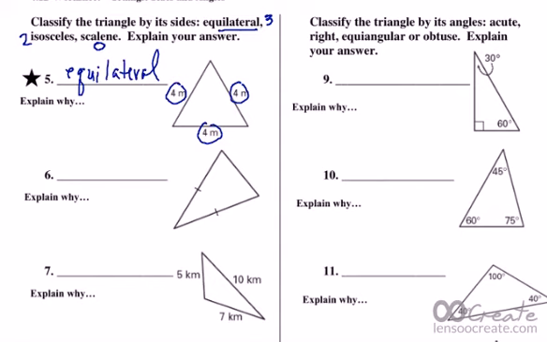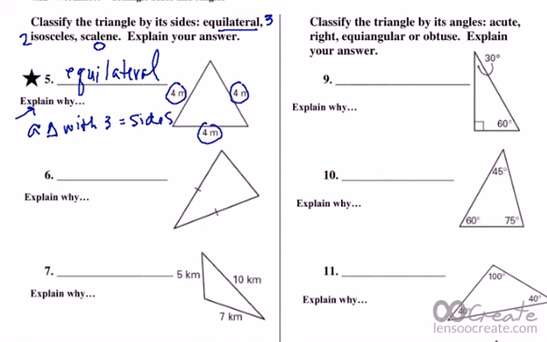That makes it equilateral. The explain why is the important part, and all you have to do is write the definition of your triangle. A triangle with 3 equal sides, and that's why it is.